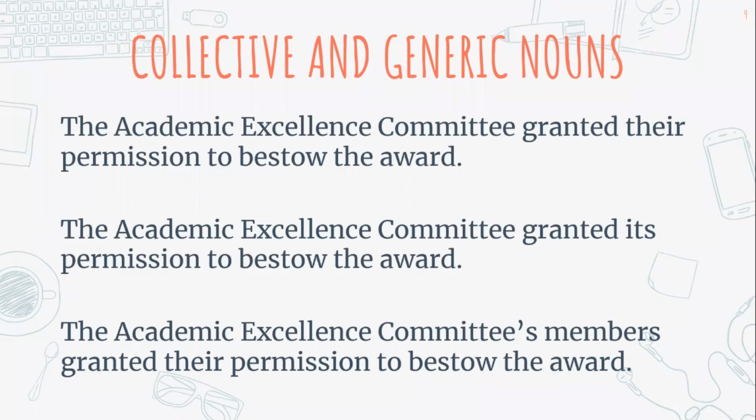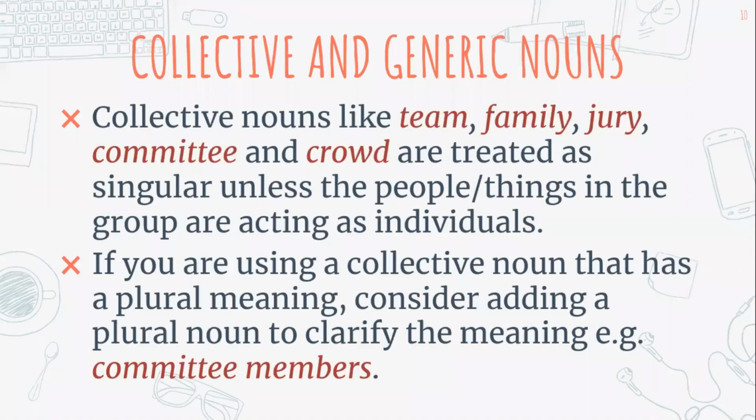In the second sentence, it can be used to say the entire body as one granted permission. And lastly, "the members" clarifies who is granting permission. So again, "their" can be used in this context, right?